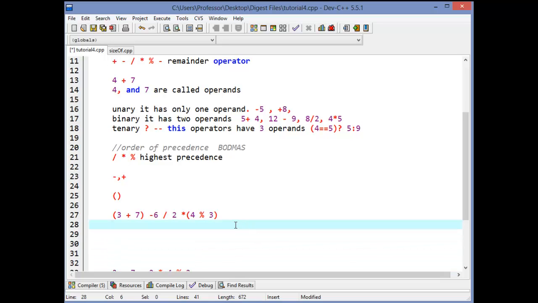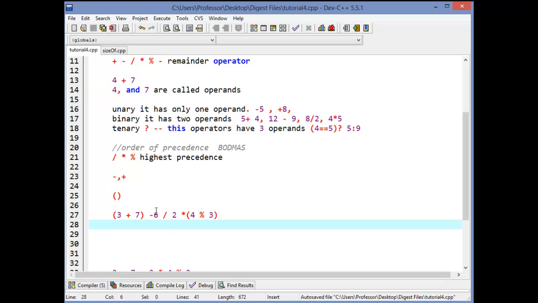Is that okay? Now remember, in mathematics, we say that evaluate the bracket first before you do any other thing. So once brackets or parentheses are introduced, then C++ will first evaluate those things in the parentheses before it applies the order of precedence. So that means that the parenthesis is on top of every order of precedence.